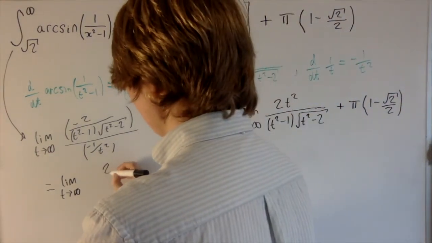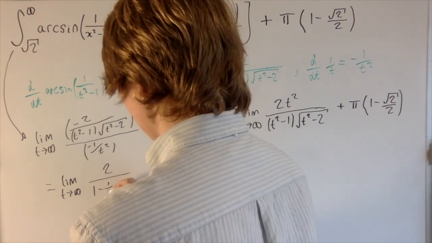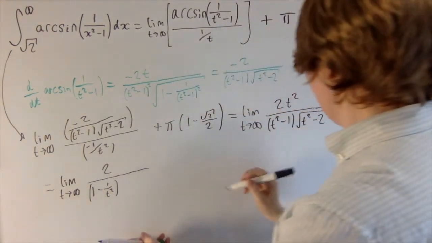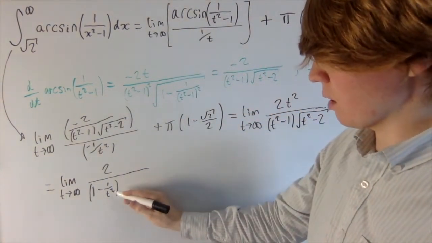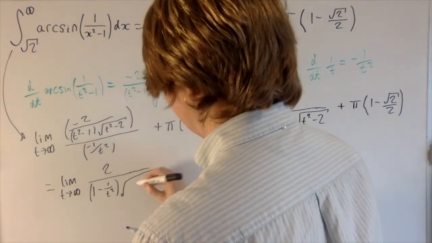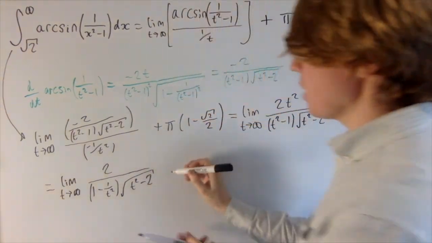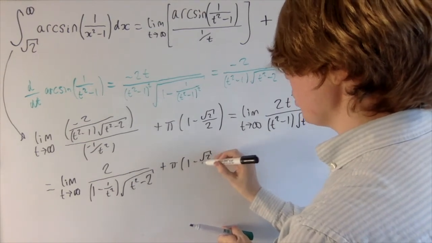So I'll get 2 over, now I get 1 minus 1 over t squared, and then the square root here just stays as it is because I've divided this term by t squared. So t squared minus 2 in the square root stays as it is, plus pi times 1 minus root 2 over 2.